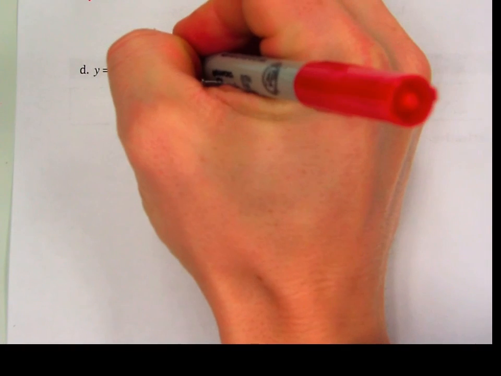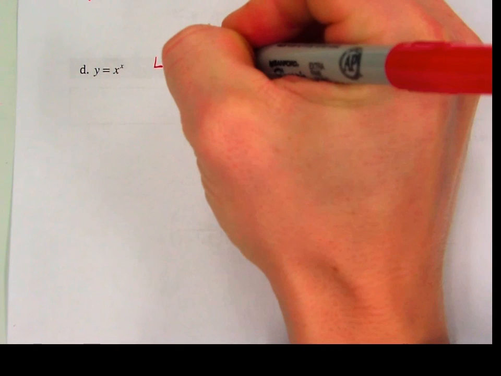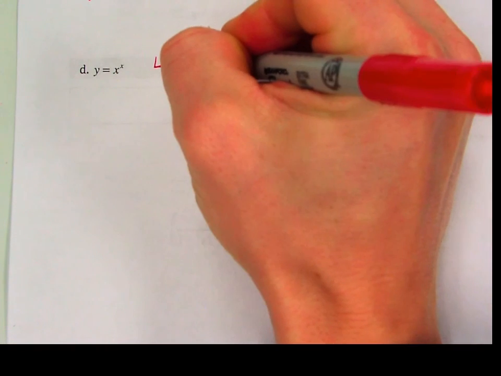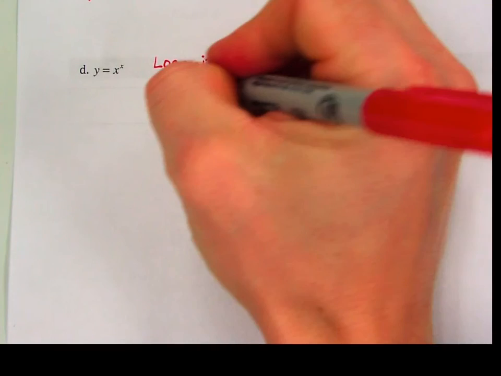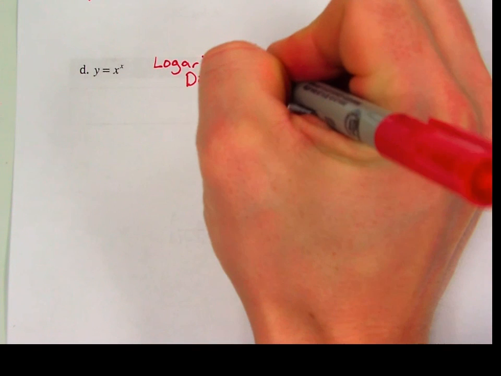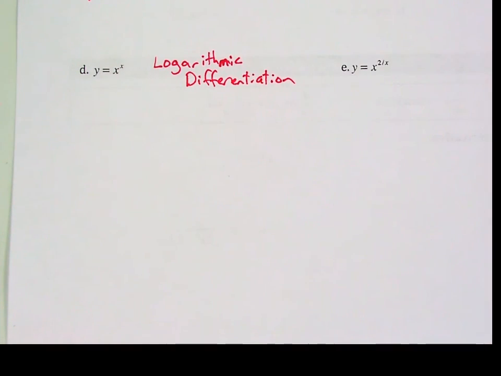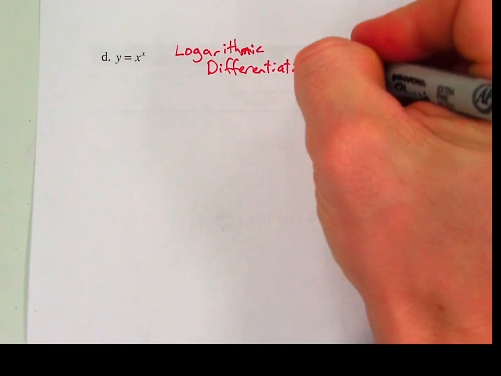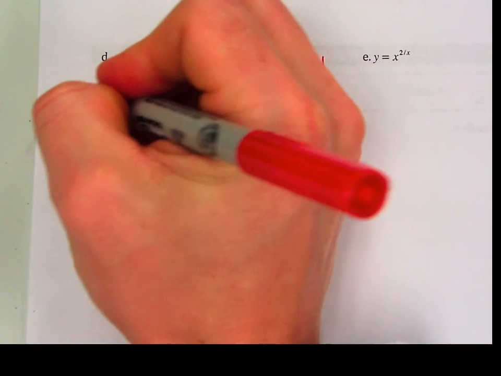Here we're going to use logarithmic differentiation, because it's going to help us deal with those exponents. We've done this a little bit before. We're going to take the natural log of both sides.